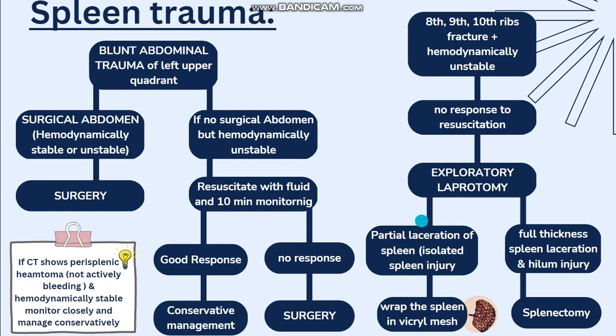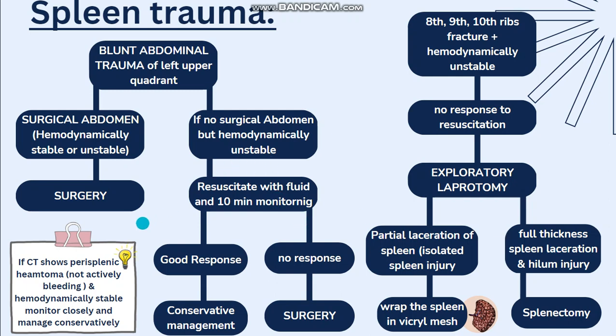You can wrap the spleen in vicryl mesh, as it will give a tamponade effect and stop bleeding, and it will absorb on its own after some time, and you can save spleen with this procedure. But if the full thickness spleen injury is present and hilum injury is present, signs of peritonitis are present, then the only solution is splenectomy.